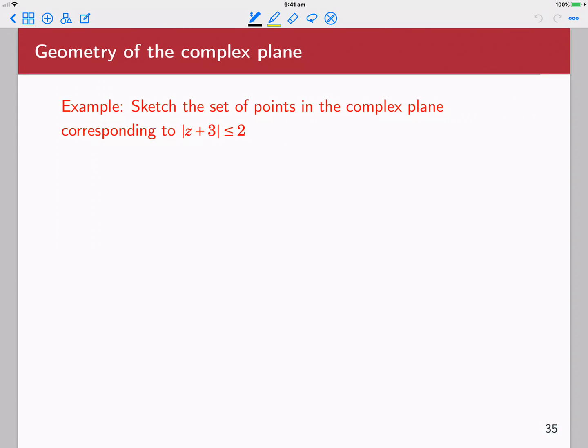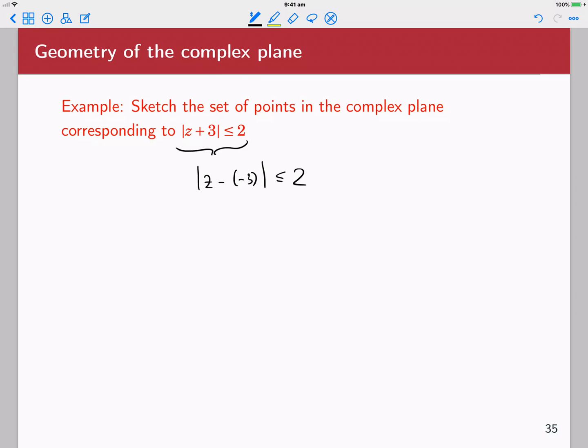So you can also solve it algebraically, right? But now that you've seen that problem, it'll probably be easy if you see it in the future. You should recognize straight away that's a circle. Like in this one here, right? I want modulus of z plus 3 to be less than or equal to 2. So think about it. I can think of this as being modulus of z minus minus 3 is less than or equal to 2.